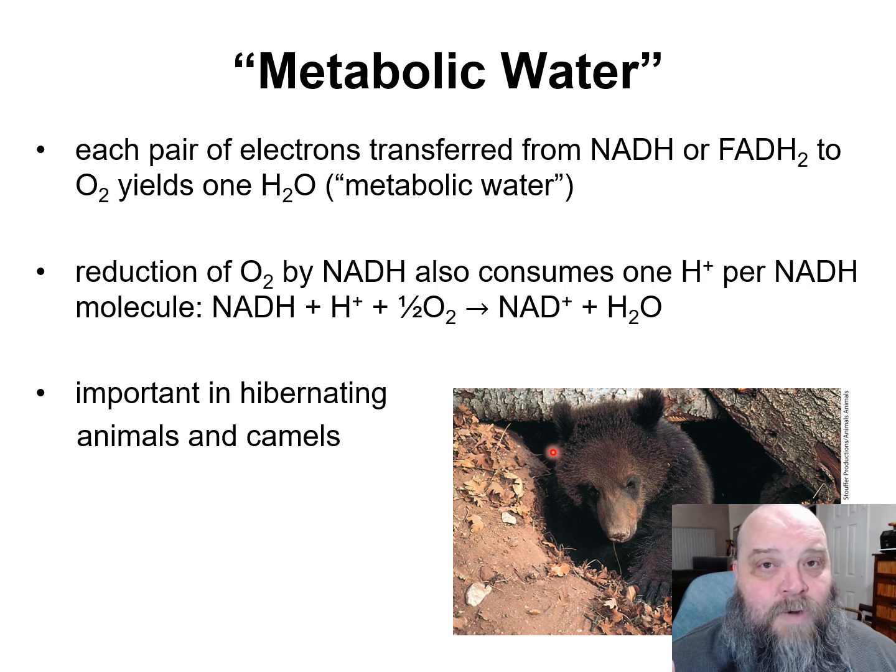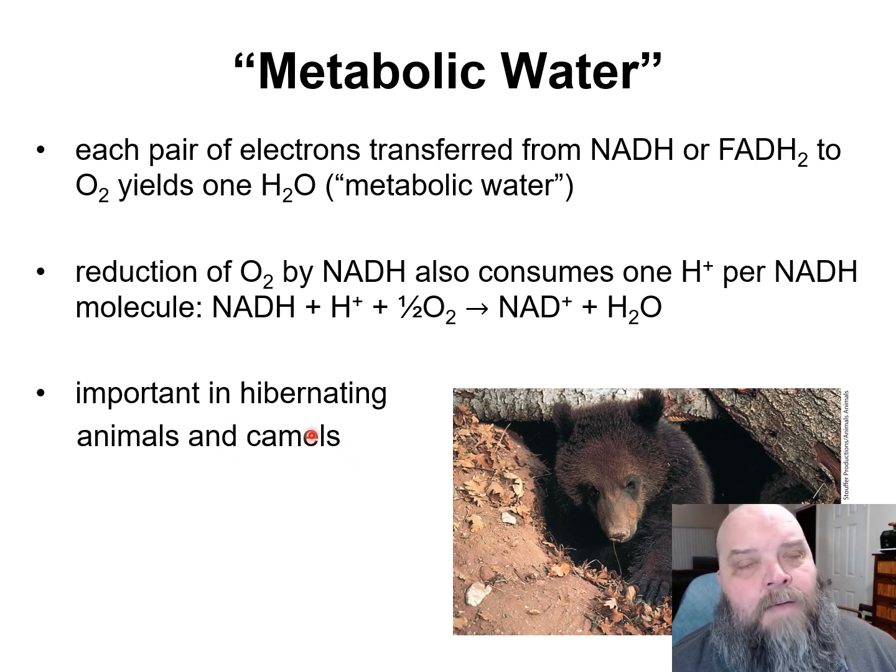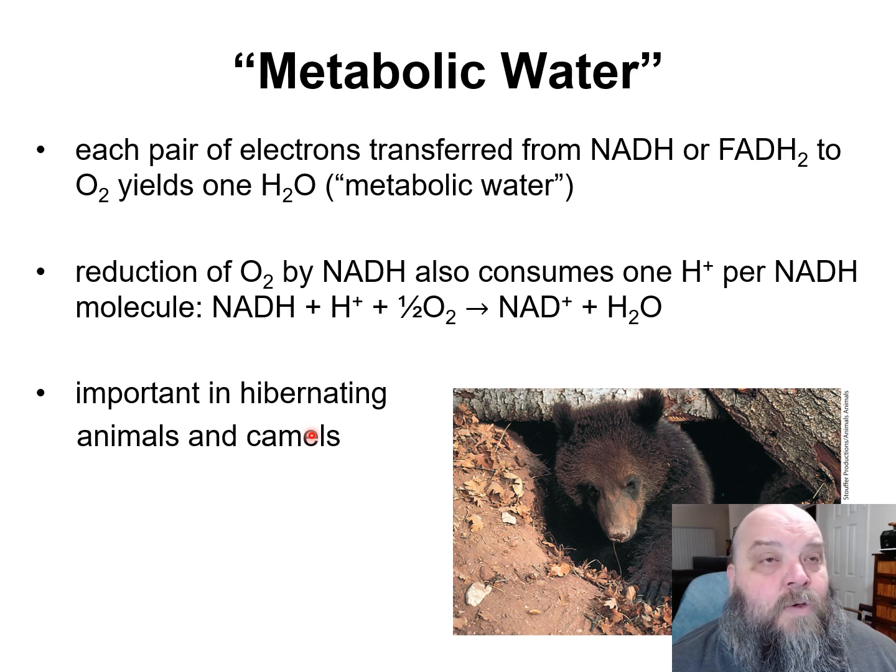They're not going to dehydrate and die because here's the water they're going to be making as they're breaking down those fat stores. This is also how camels work. I hate to tell you, camel humps are not for storing water. The camel humps are for storing fat. Fat triglycerides are going to be broken down by beta oxidation, get those excited electrons, make some metabolic water.